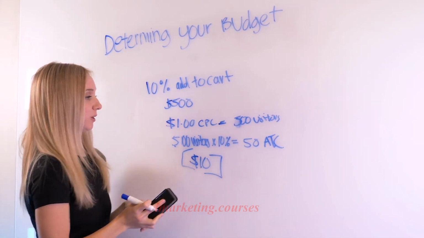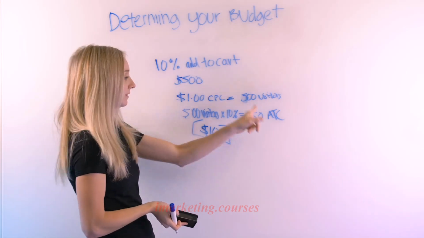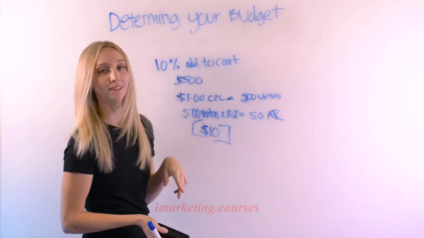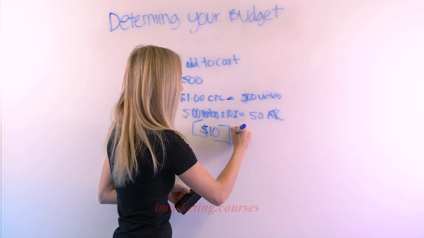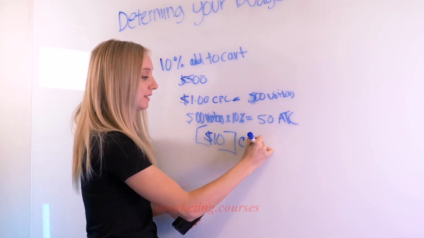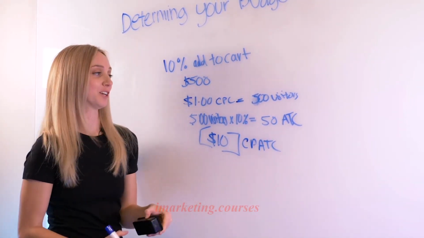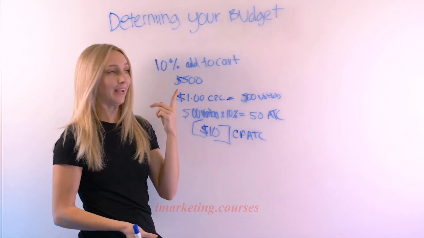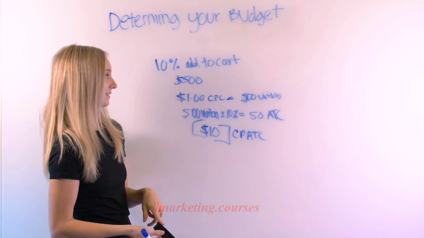And then we can determine it too. $500, my weekly budget, I got 50 add to carts. That would also result in a $10 cost per add to cart. So I like to abbreviate that as CPATC, cost per add to cart. So in this scenario, I can spend $500 a week and get through the learning phase on TikTok and have a $10 cost per add to cart.